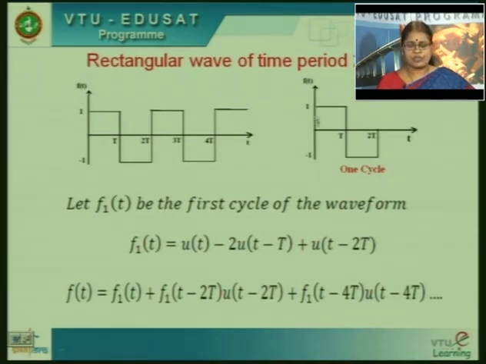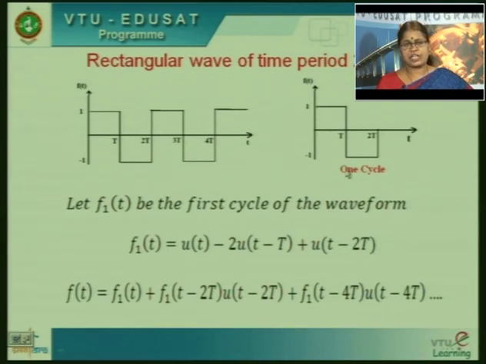So, first I need to have a step input of magnitude 1, or a unit step input. Then at time t equal to T, I need to have a step input whose magnitude is 2, and again at time t equal to 2T, I need to have a step input of magnitude 1.